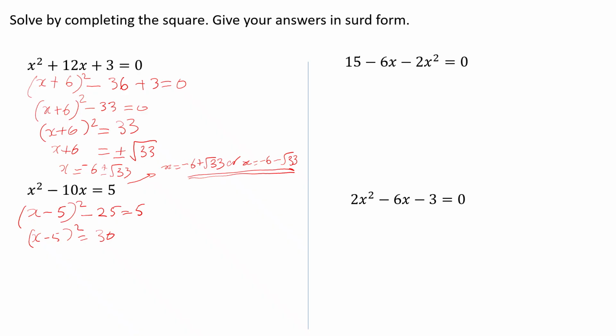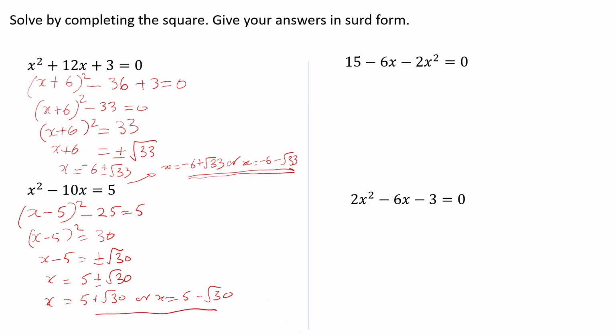Then take the square root of both sides, so x minus 5 equals plus or minus root 30. Then x equals 5 plus or minus root 30. We have two answers because this is quadratic. So x equals 5 plus root 30, or x equals 5 minus root 30. So this is the answer.